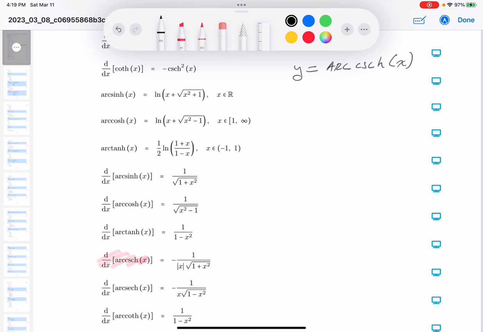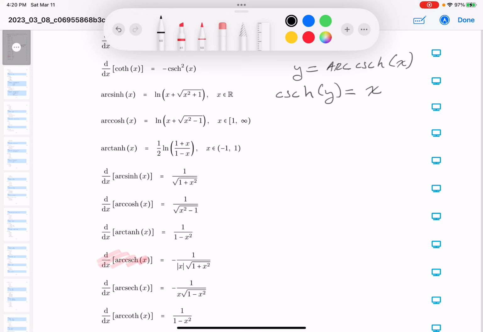of x. So I'm going to rewrite this as, I'm sorry, hyperbolic cosecant. That equals x. I'm looking at that, it's still not that familiar to me.